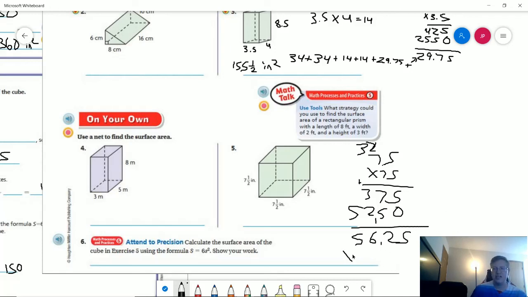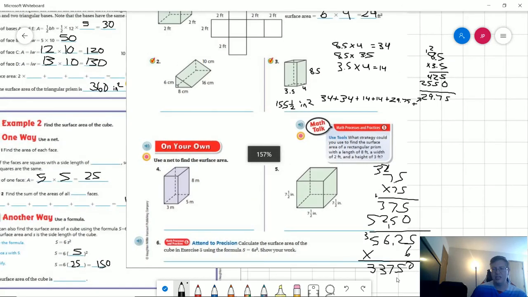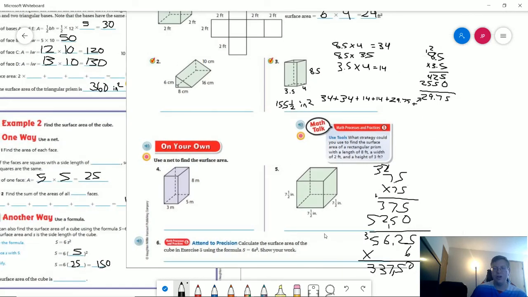If I take that times 6, then that gives me 30, 15, carry the 1, 37, 30 plus 3 gives me 33. So I'm getting 337.5, or 337 and 1/2.